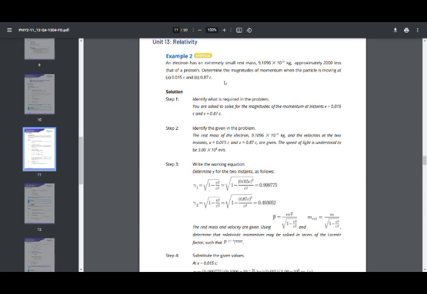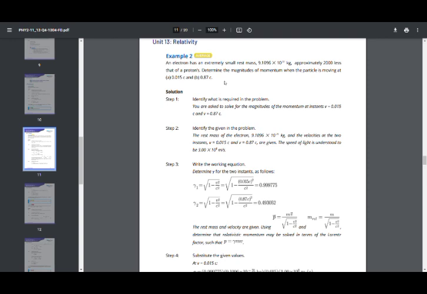So, proceed tayo sa example number 2, the average. Here's the question. An electron has an extremely small rest mass of 9.1096 times 10 raised to the power of -31 kilograms, approximately 2,000 less that of photons.